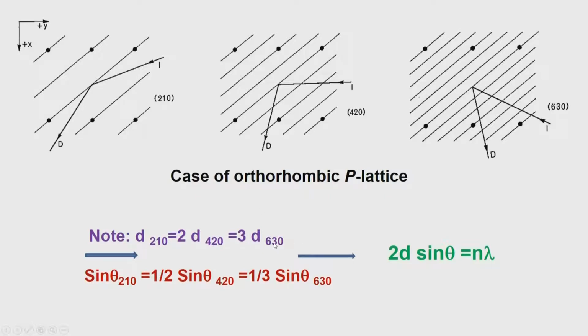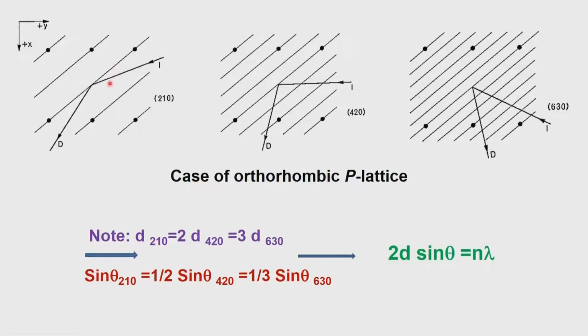As a consequence, what will happen to the sin theta value? Following the formula 2 d sin theta equals n lambda, sin theta 210 will be half that of sin theta 420, as illustrated here.